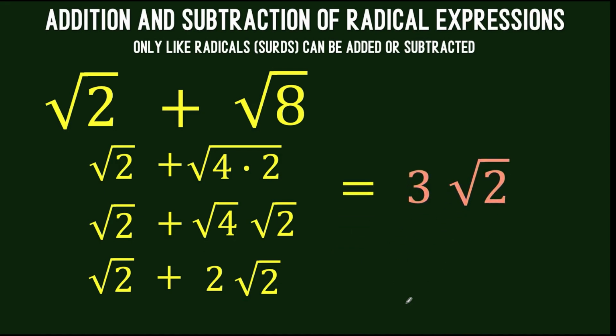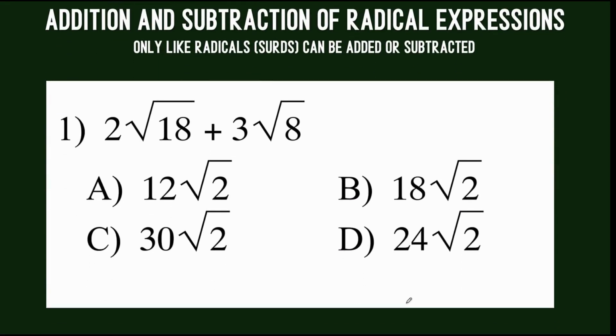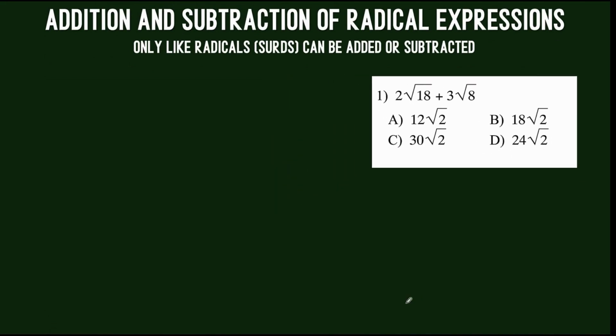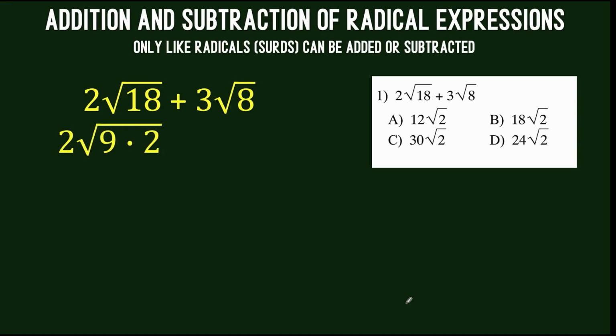Let's have another example. Let's say we are given 2 square root of 18 plus 3 square root of 8. Find the sum. And we are given these 4 options. Now to solve this, let's simplify square root of 18 as square root of 9 times 2 and square root of 8 as square root of 4 times 2.